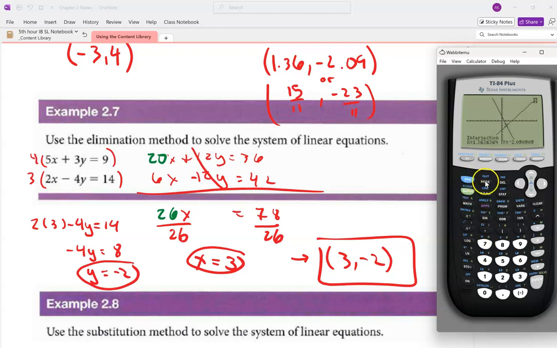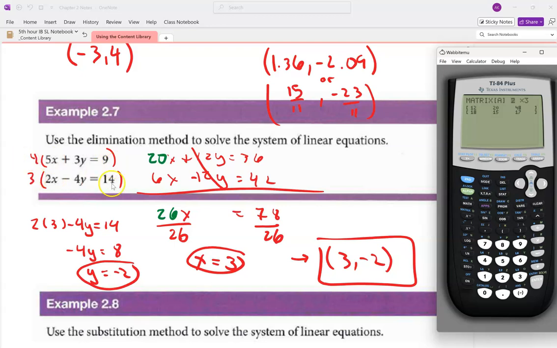Real quick as to Joey's question, how do I use a matrix to solve this thing? First I want to make sure my equation is arranged so the x's are all in a row, the y's are all in a row, the equal signs are all in a row, and the answers are all in a row. It has to be formatted that way, which this one already is. I'll press second and the matrix button, go over to the edit tab, and I need a 2x3 matrix.